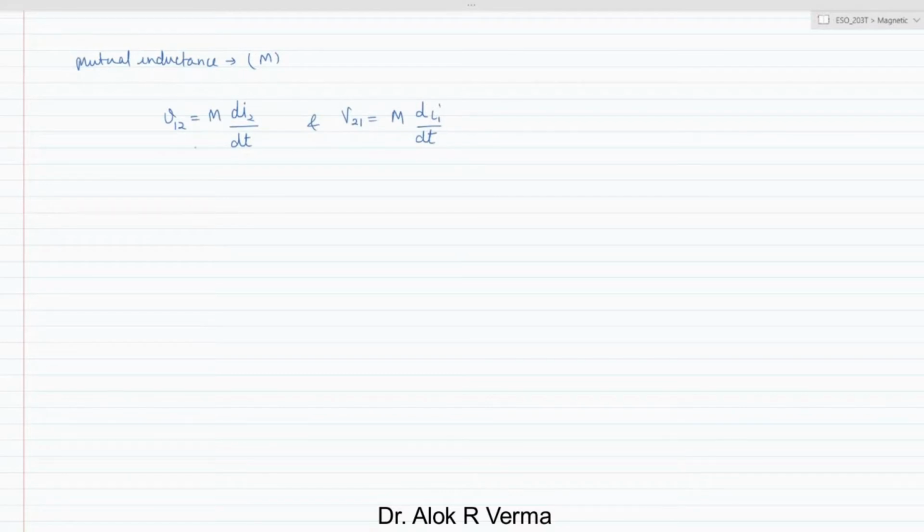So this is basically appearing as a voltage dependent source, correct? So voltage in coil 1 depends upon the current in coil 2. Similarly, voltage in coil 2 depends upon the current in coil 1. So if this is coil 1 and this is coil 2, with I1, I2, V1, V2.